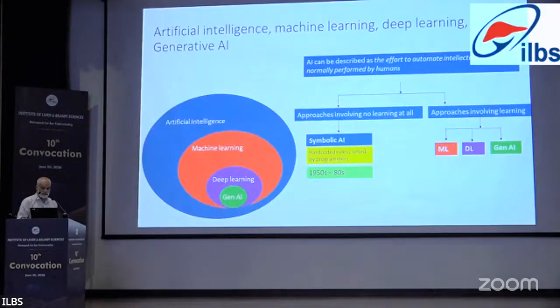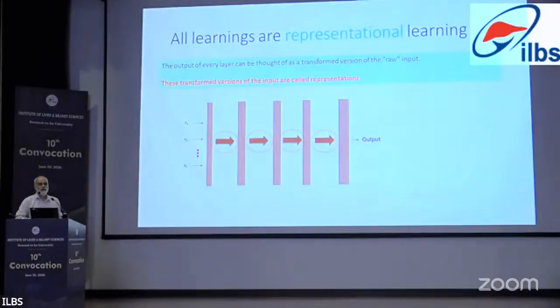So the next question is, what is learning actually? All learning is representational learning. What does this mean? These are the input features. They may be 100, 200, 500, any number. And then these are converted, or represented, into different forms.